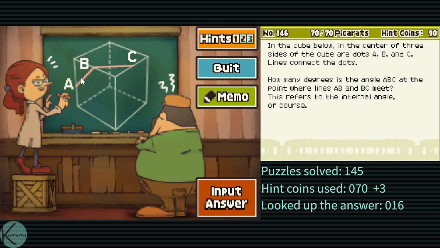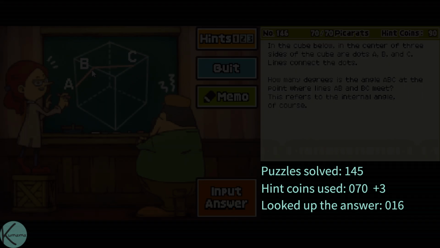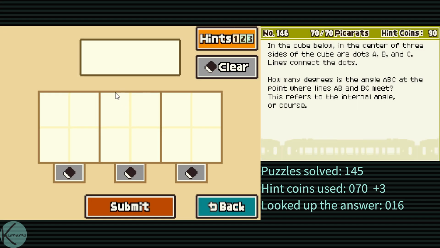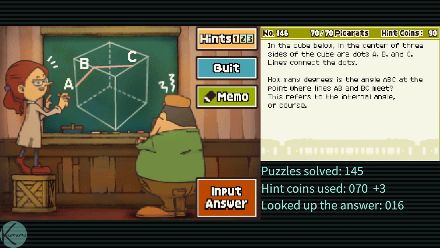How much is it off to the left? Is that what you're asking? I think it's 45. I'm probably terribly wrong. Oh, okay. No, hang on. Hold, please.